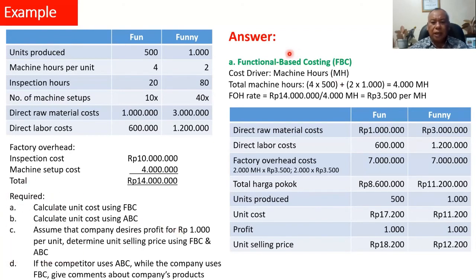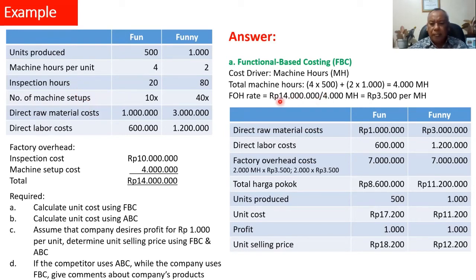So this is the answer. If we use functional-based costing, the cost driver is a unit driver, in this case machine hours, because the number of setups or inspection hours are not unit drivers, they are batch drivers.